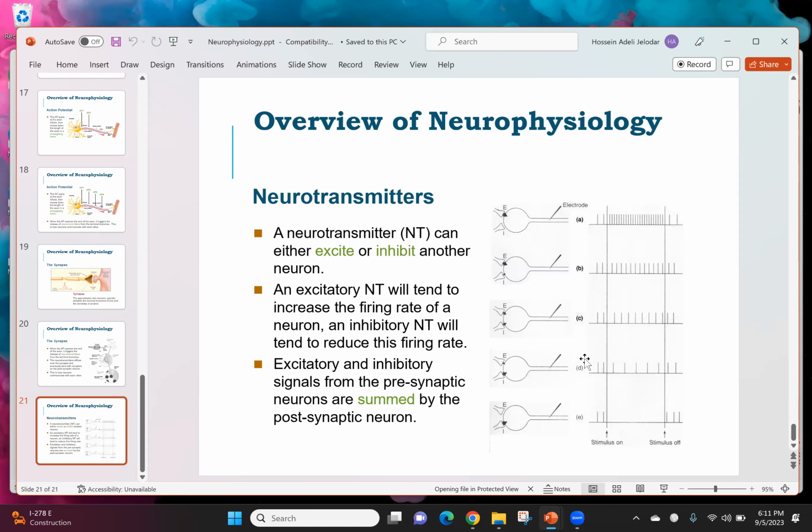A postsynaptic cell, whether excitatory or inhibitory, could have a high firing rate, right? What you're talking about is the impact that the presynaptic cell has on a postsynaptic cell. But the presynaptic cell could be an excitatory cell or an inhibitory cell.